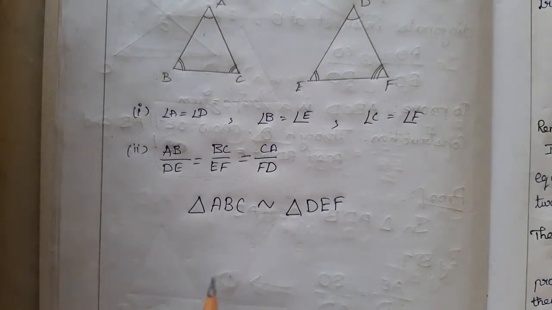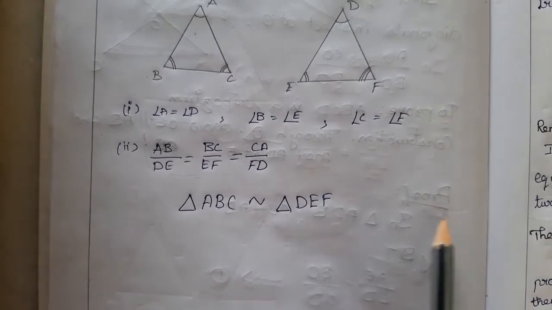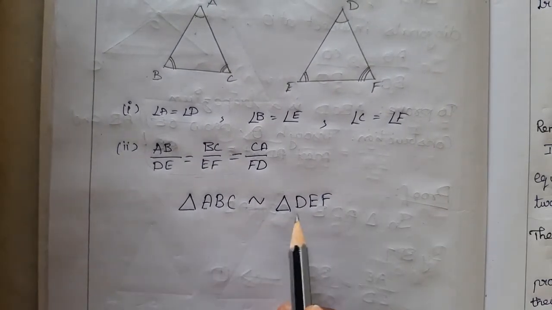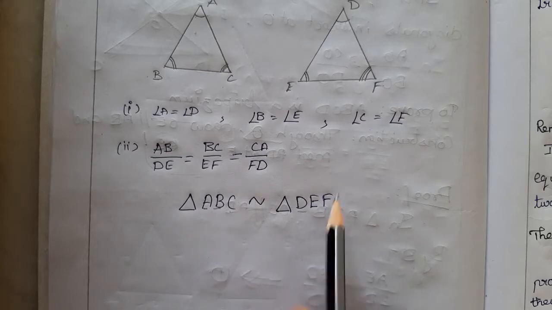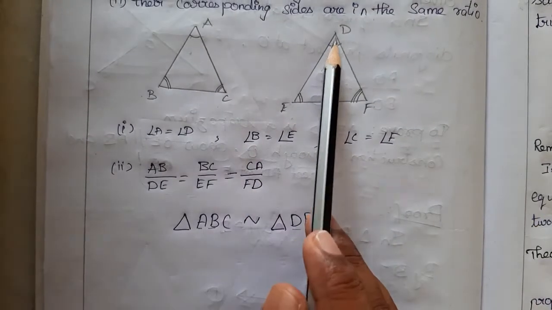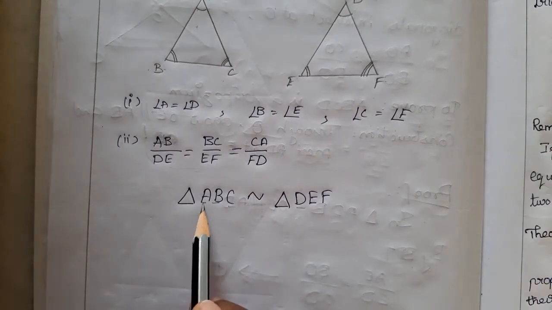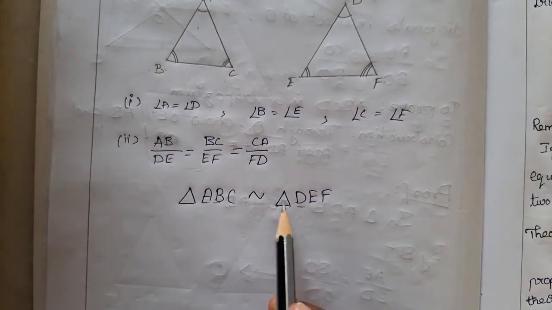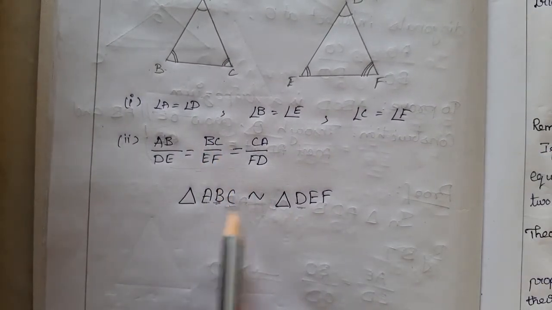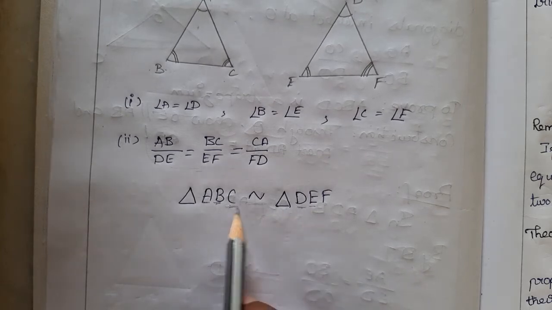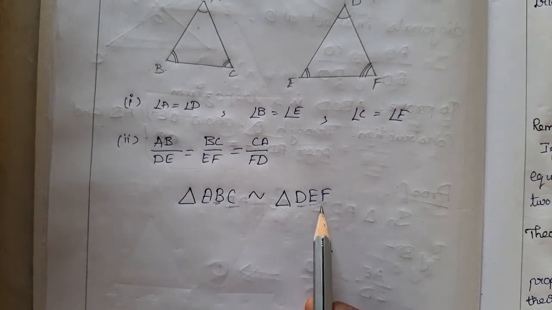While writing symbolically, we should be very careful that corresponding vertices are in the same place. So A corresponds to D, B corresponds to E and C corresponds to F. A is in the first place, so D should be in the first place, B is second and E should be second, C is third and F should be third.